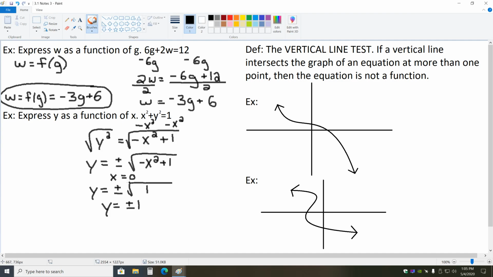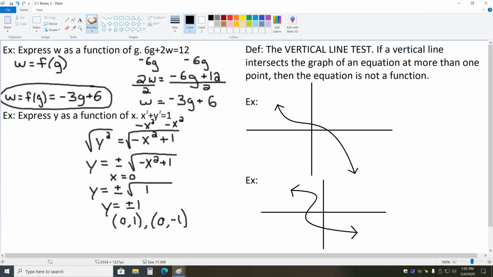Can you think about what's wrong with that statement? We just said we could create 2 points. The point 0, 1 and the point 0, negative 1. Remember, you cannot have a function that repeats x values.